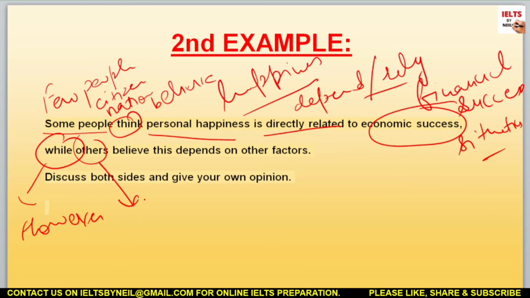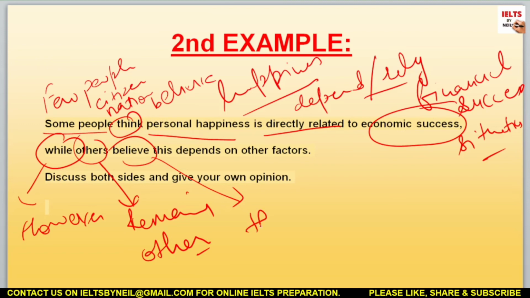others, you can say remaining, or you can even just leave it like that, others. Believe, again you can say think, but if you have used think here, then do not use it again. Do not repeat any words. That is the most important thing.